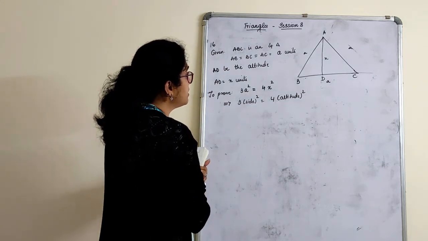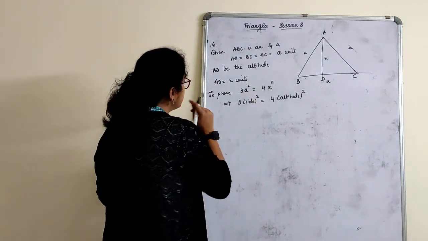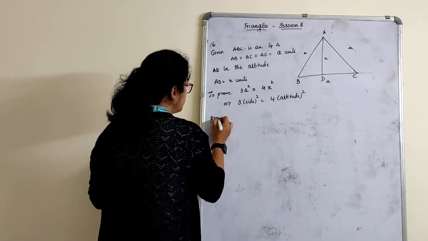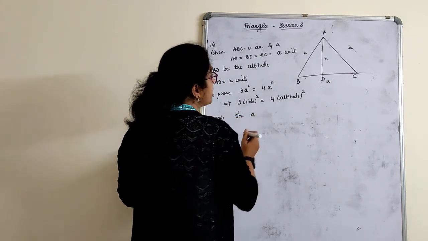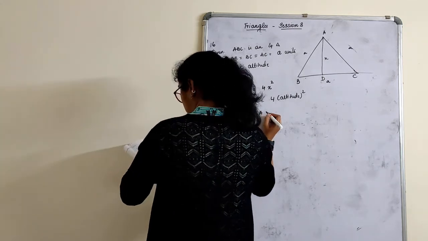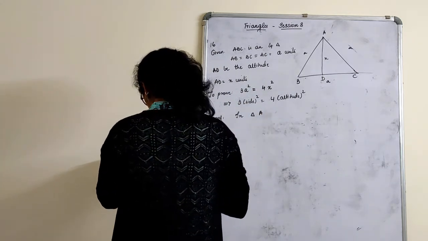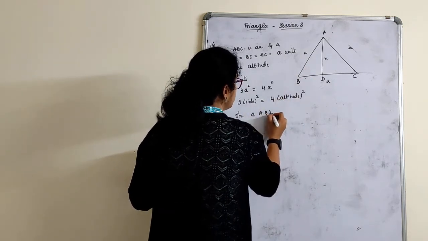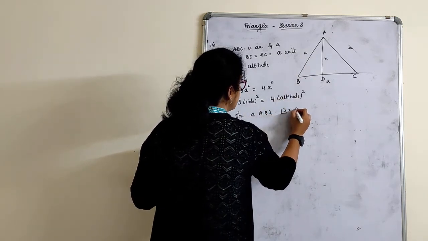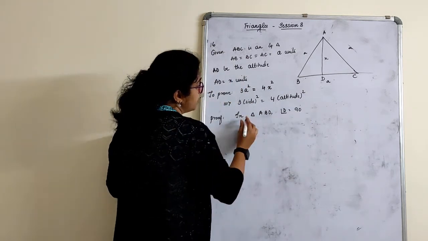So let's start by using Pythagoras theorem here. Proof: in triangle, which triangle would you like to choose here? So we'll choose triangle ABD. Angle D is equal to 90 degrees.